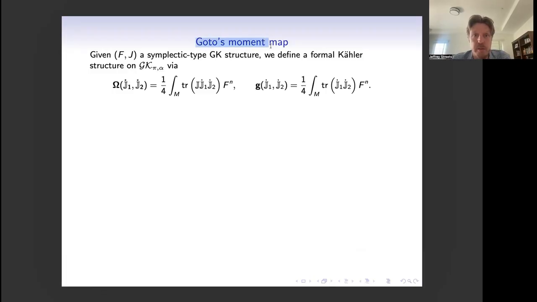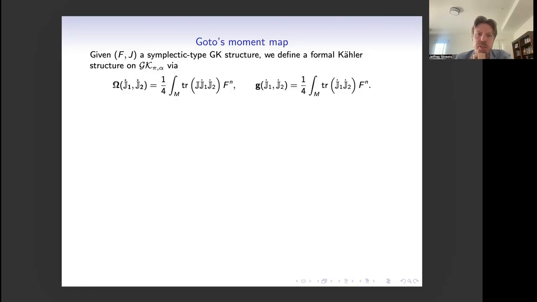And this is due originally to Goto. So if I have F, J, a symplectic type generalized Kähler structure, it turns out we can define a formal Kähler structure on this space GK pi alpha by the following formulas. Here I've chosen to write it in the generalized language because you're just writing down the obvious, natural symmetric space metric on this space.